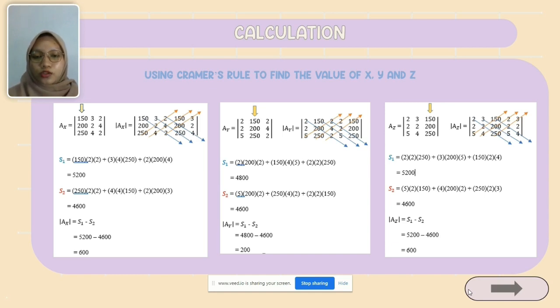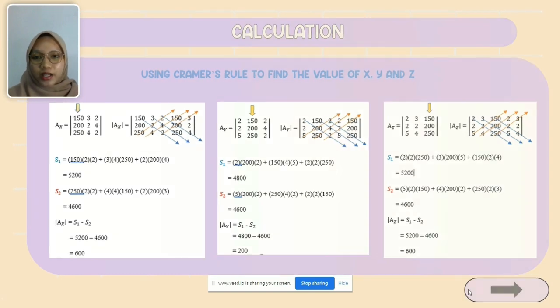We change column 2 into matrix B. To find determinant of Ay, S1 minus S2. So 4,800 minus 4,600 and we get 200. Next, matrix Az. We change column 3 into matrix B. To find determinant of Az, S1 minus S2. So 5,200 minus 4,600 and we get 600.